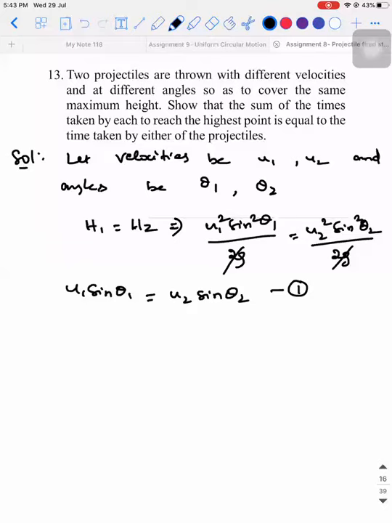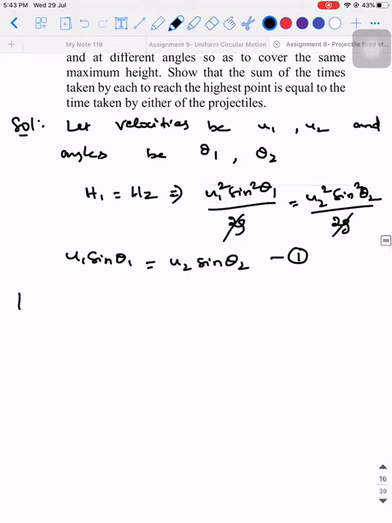Now they are saying, show that the sum of the times taken by each to reach the maximum height is equal to the time taken by either of the projectiles. What do you mean by time taken by either of the projectile? It means their time of flight. So what will be the time taken for the particles to reach the maximum height?